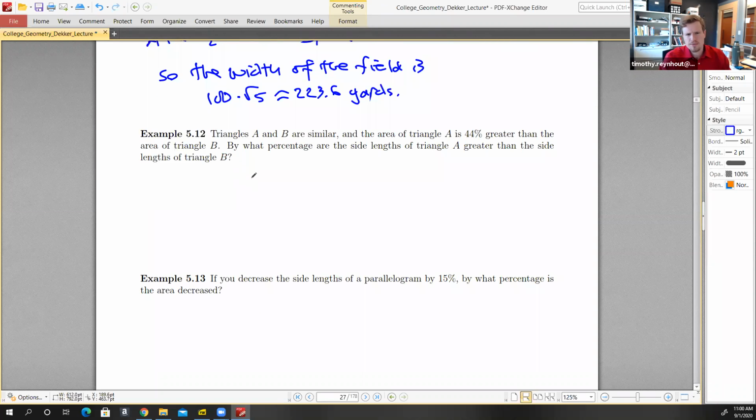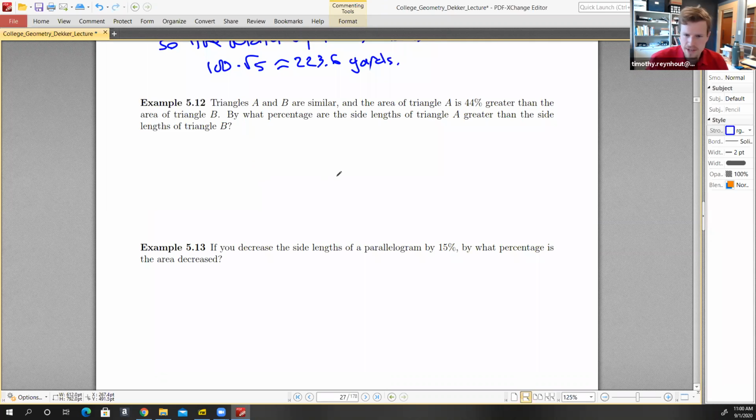All right, so let's suppose we have similar triangles A and B. Here's triangle A. Here's triangle B. Triangle A is larger. It's 44% larger than triangle B. By what percentage are the side lengths of triangle A greater than the lengths of triangle B? Well, that's interesting. Percentages.